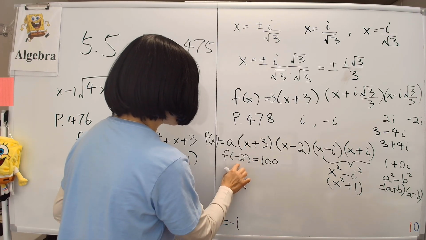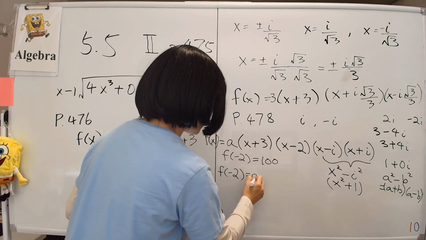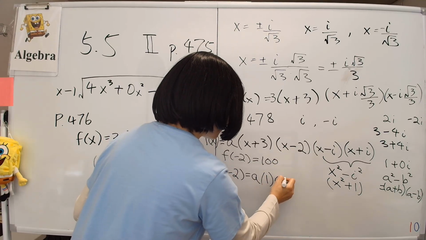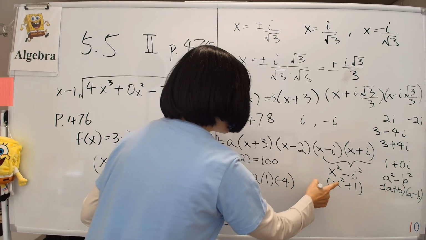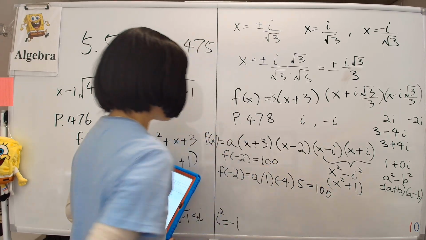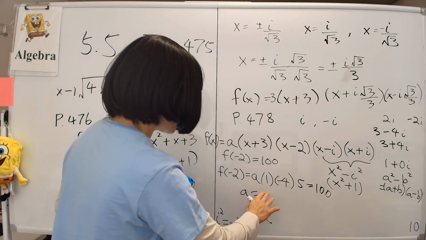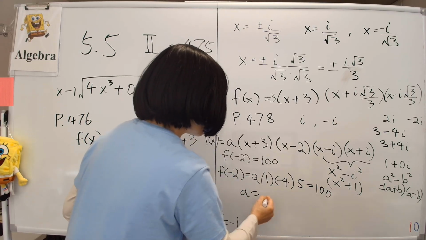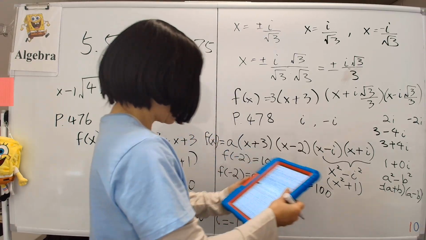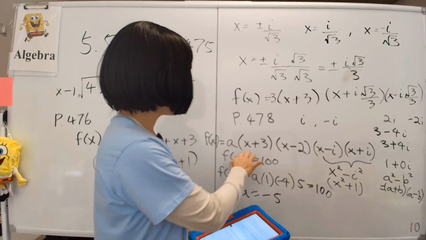When x is -2, f of -2 equals a times -2 plus 3 is 1, -2 minus 2 is -4, and -2 squared is 4 plus 1 is 5, and that equals 100, because that was given. So a times -20 is 100, so a is negative something, 5, right? Let's check. Yep, a is -5 times this stuff.